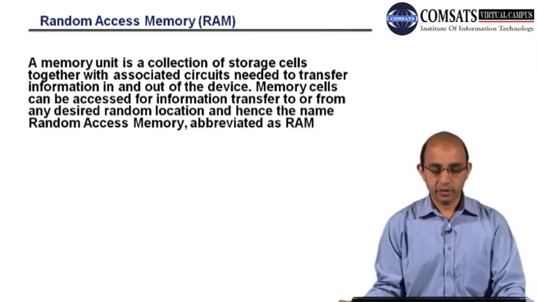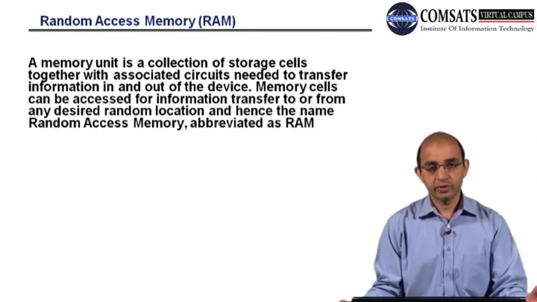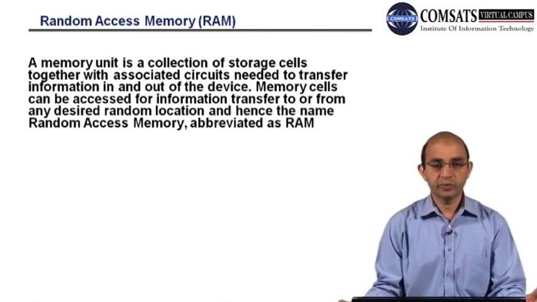But to get data out of that cell, or to store data into that cell, you need something else. There has to be some circuitry associated in order to perform different operations, that is read and write.